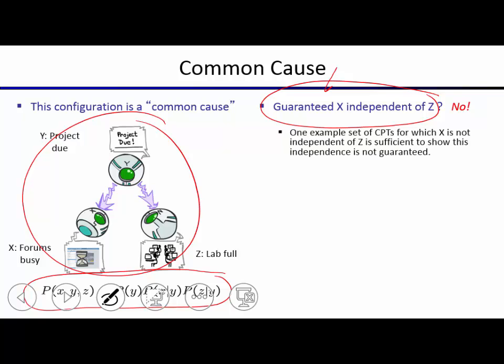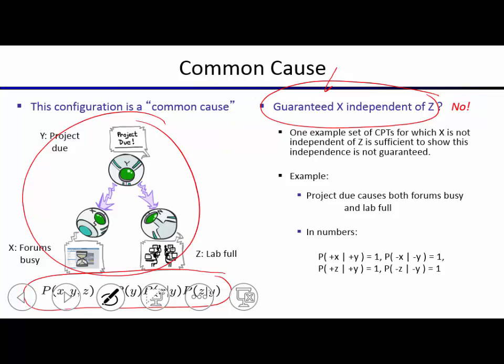We can think through that a project being due causes both of them to be busy and full. So as a consequence, knowing something about one tells you something about the other. Putting it in numbers, here's a set of numbers that you can put in the tables. And then if you work out the math, you'll see that P of X comma Z is not equal to P of X times P of Z.